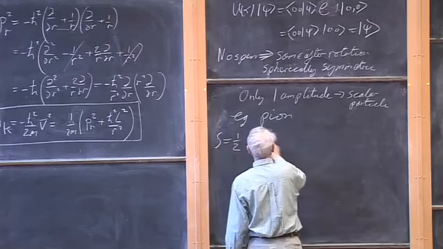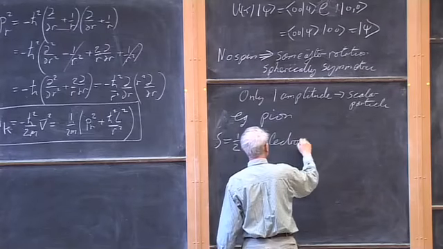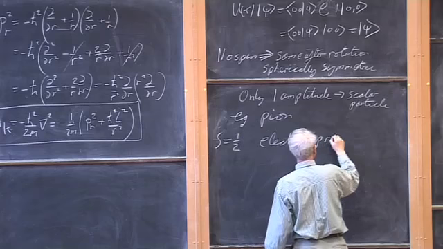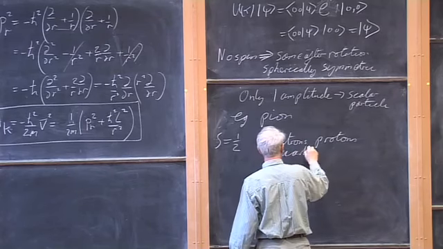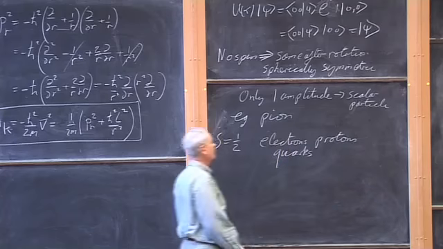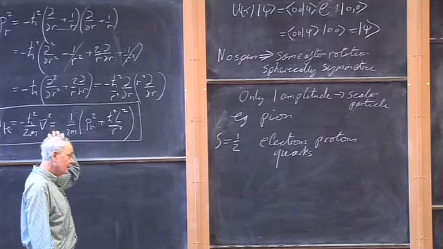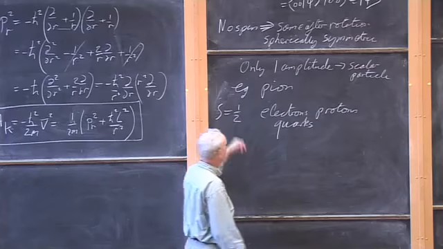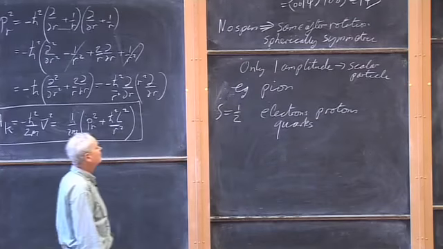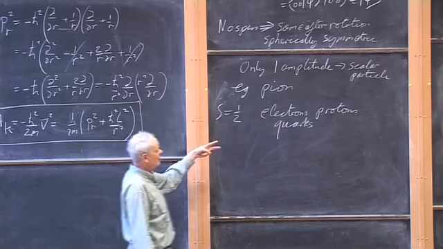So this is electrons, protons, quarks, therefore neutrons, a wide range of things. Anything made out of an odd number of quarks will be an S equals a half particle. Well, we'll prove that later on. Okay, so this is a really big class.